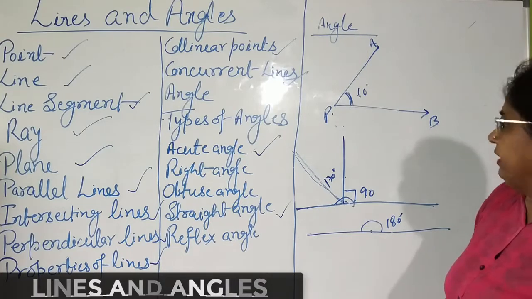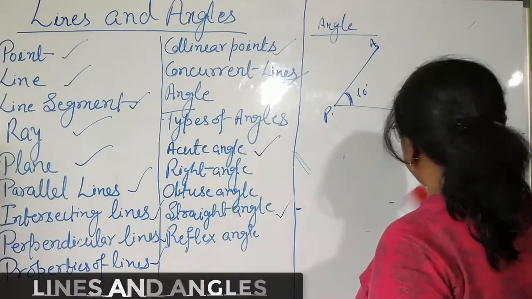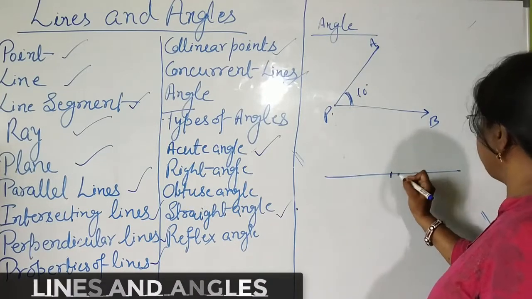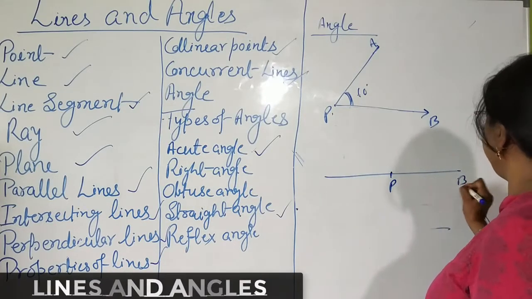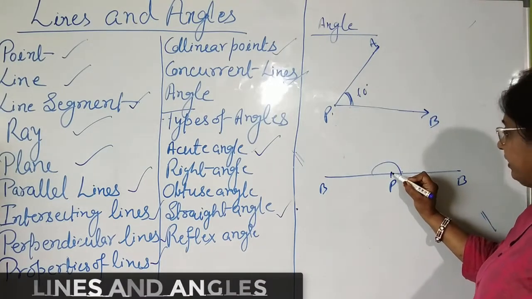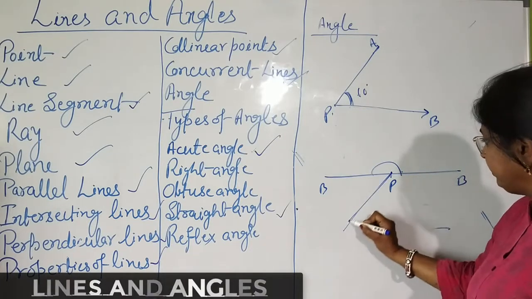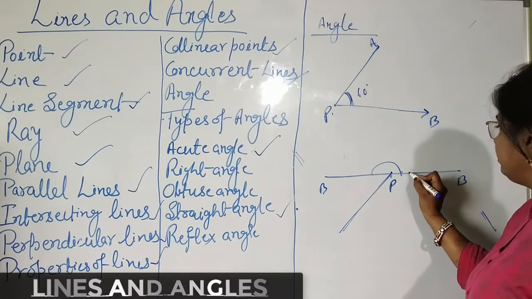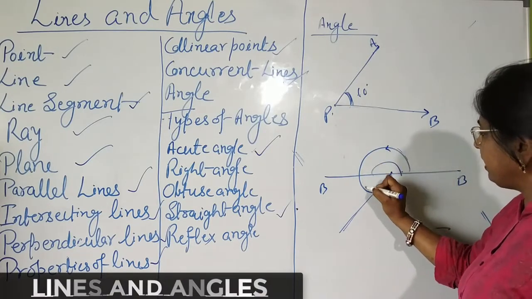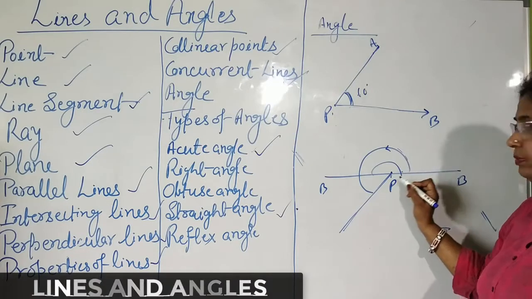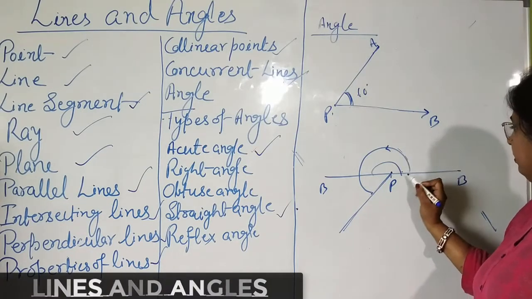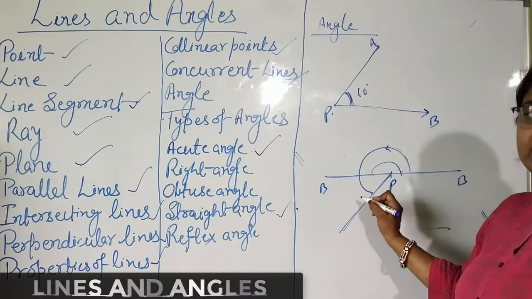Now reflex angle. Take points P, B, A. This is 180 degrees, and if an angle is greater than 180 degrees, then it is a reflex angle in this direction. An angle in the anti-clockwise direction is positive and clockwise direction is negative.